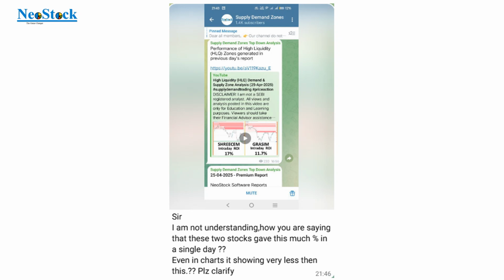Maybe you are not aware of these concepts, that's why you might be wondering how we are getting this much ROI. This is what we have been discussing for the last 1.5 years. If you look into every day's HLQ analysis, I always say that whatever profit we are getting is calculated based on one future's margin cost. I always use this statement because new people join, and if they are not aware how we are getting this much profit, they might be wondering.